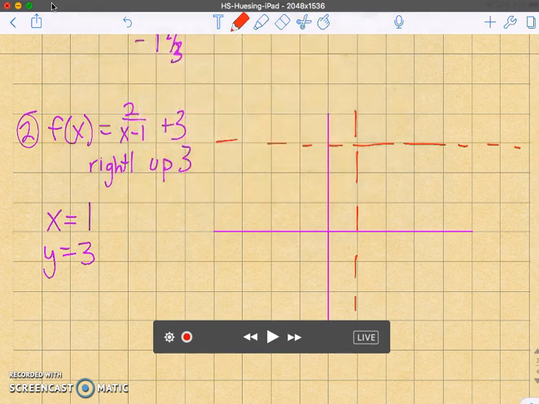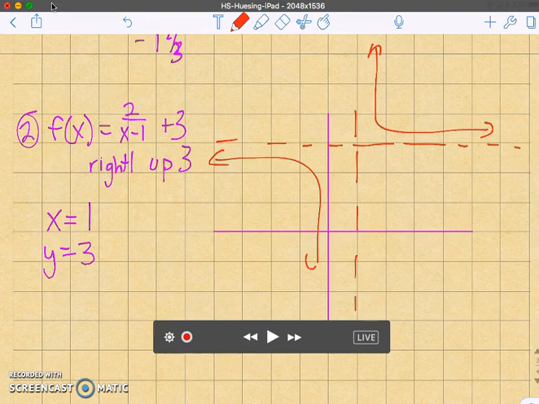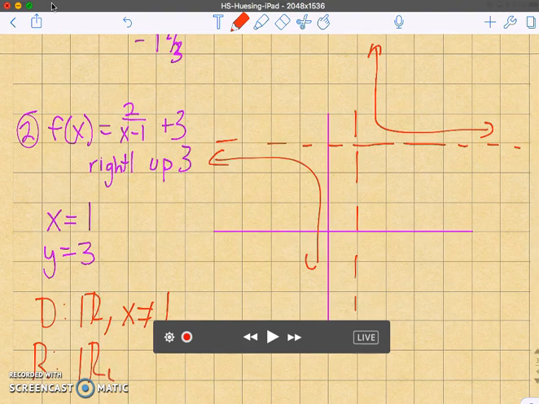We're just going to make a sketch of this one because the 2 is a vertical stretch. But all we need to know is that there would be a swoop in this quadrant and in that quadrant. And so we could say our domain, again, is all reals except x doesn't equal 1. And our range is all reals except y doesn't equal 3. And then we could find our y-intercept here.